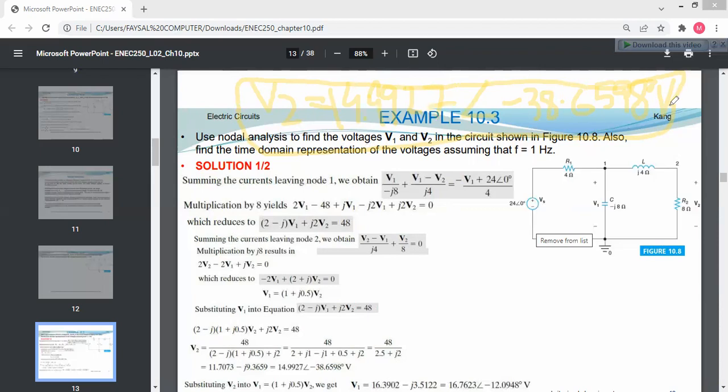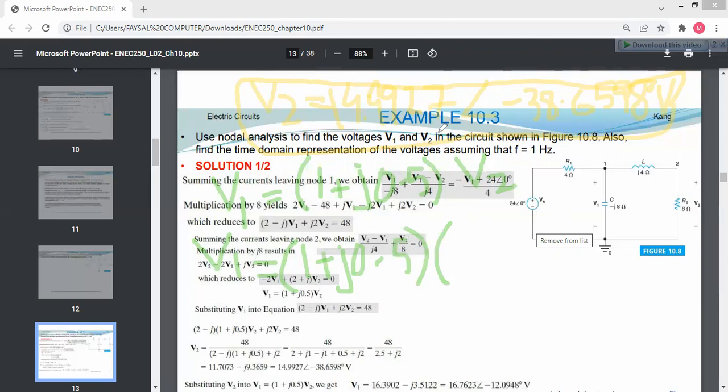As I find the value of V1, the generic value of V1 will be V1 equals to 1 plus j 0.5 into the value of V2.